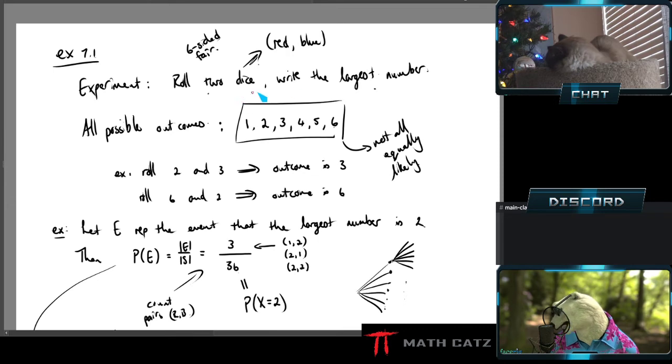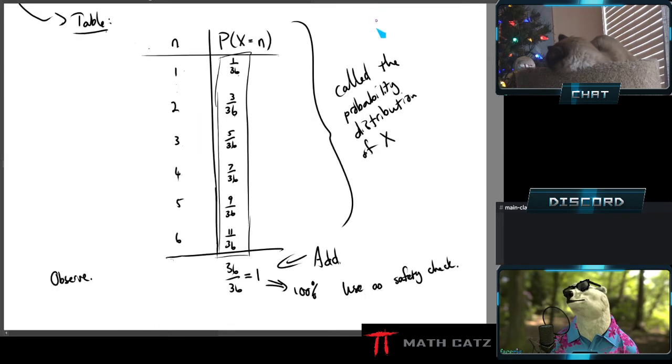If I still roll 2 dice, but I add up the numbers instead of writing the largest one, different random variable, different experiment outcome combination. It'll have different probabilities. It'll be the probability distribution of that random variable, of that experiment outcome combination. Why probability distribution? Well, they are probabilities, and this table shows how the probabilities, 100%, are distributed across the possible outcomes. Okay, probability distribution.